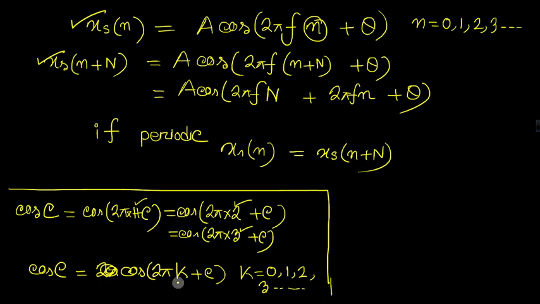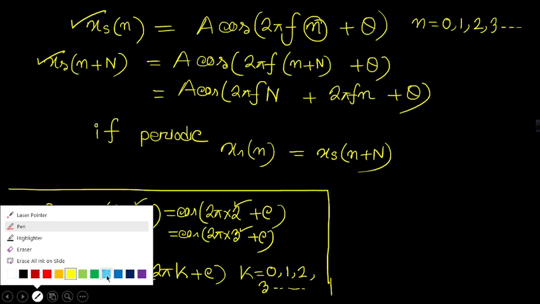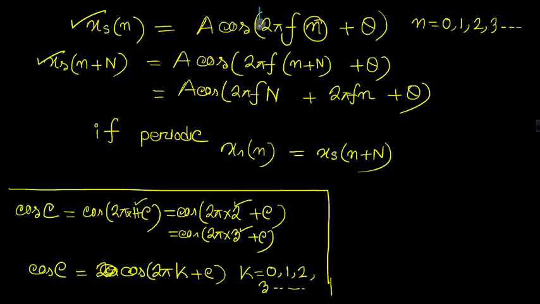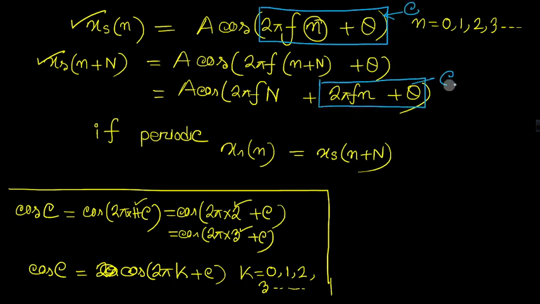Okay, so if you understand this, let's see what happens here. Assume that this is equal to c, so this is also equal to c. So this voltage level and this voltage level will be the same if this thing is equal to 2 pi k, right?